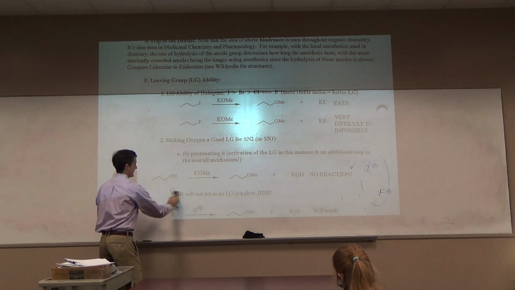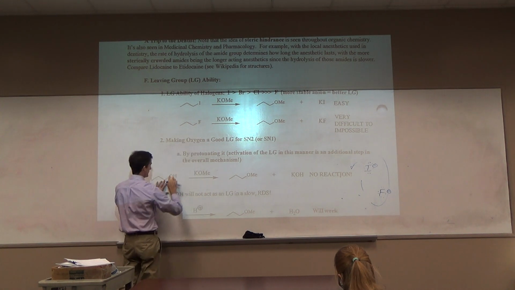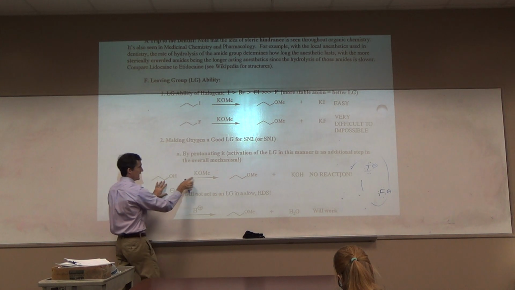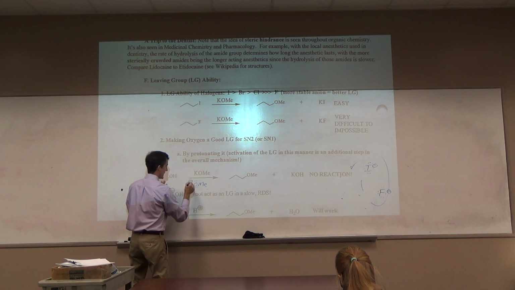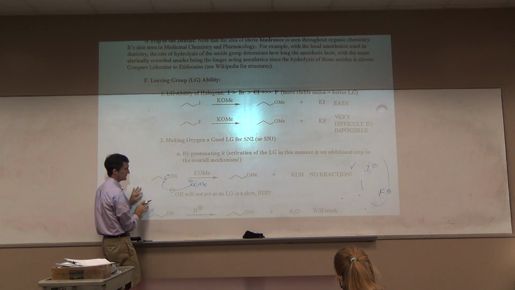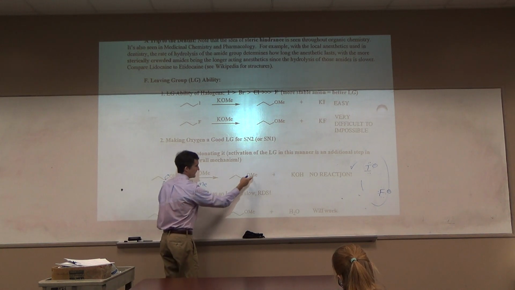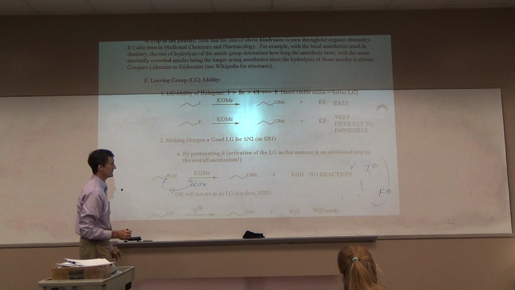Well, let's look at an example. What if you take, instead of a halogen, hydroxyl, and we have the same nucleophile, and we might say, I'm going to come in here and attack and kick off the hydroxyl. This is now bonding to the carbon, and we kicked off hydroxyl and made KOH.